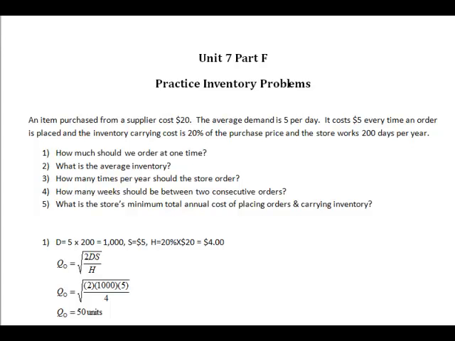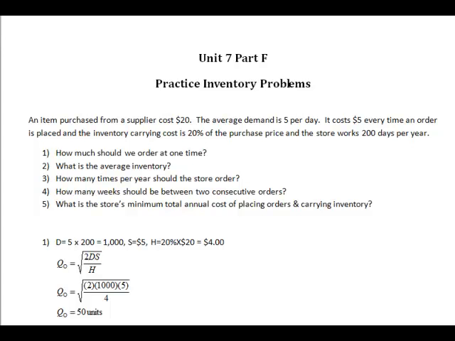So the first thing we should look at is to try to identify whether this is an economic order quantity or an economic production quantity problem. So the two methods I've given you for determining that is to look at the verbs in the problem statement. So we see that the third word of the first sentence is purchased.